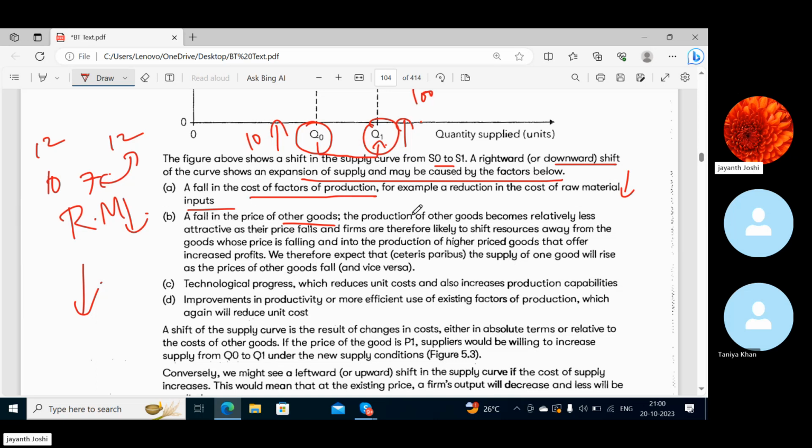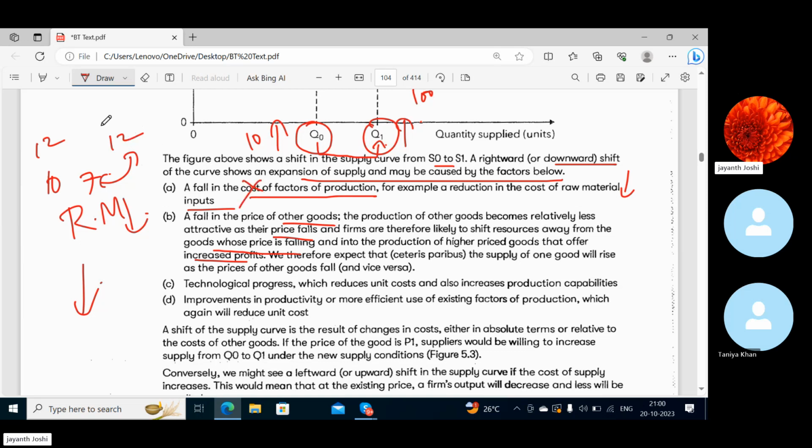Fall in the price of other goods: the production of other goods becomes relatively less attractive as their price falls, and firms are therefore likely to shift resources away from goods whose price is falling and into the production of higher price goods that offer increased profits. So they always want to produce more profitably. Let's now talk about the cost of factors of production like land.